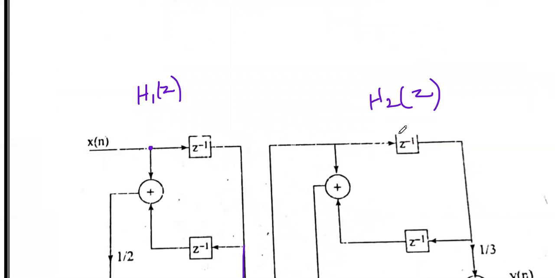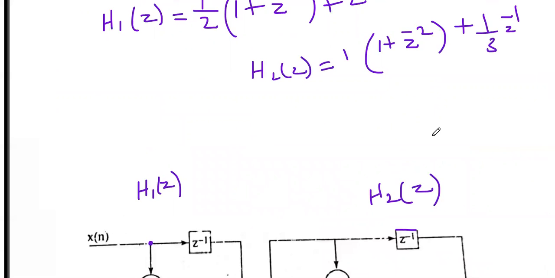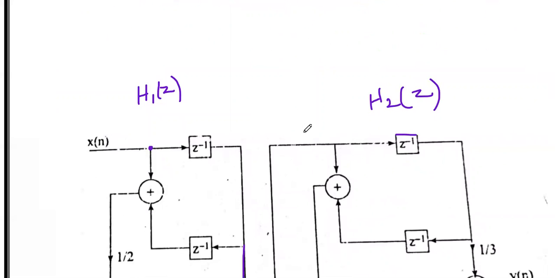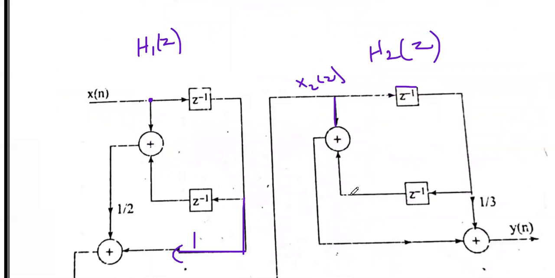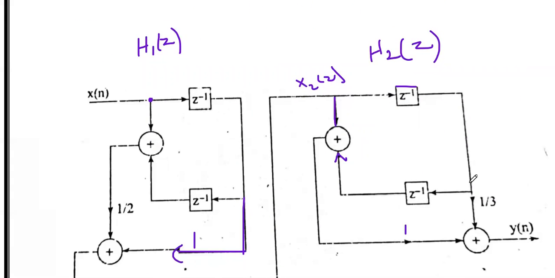So you see here 1 delay, here 1 delay. Okay, first one 1 plus z power minus 2. You just assume this is the input x2. Okay, so x2 and the 2-time delayed signal, you just add, and this added value you multiply with 1. Okay, then the next value 1 by 3 z inverse. This is the z inverse block, so this one is multiplied with 1 by 3. So this diagram is h2 of z.